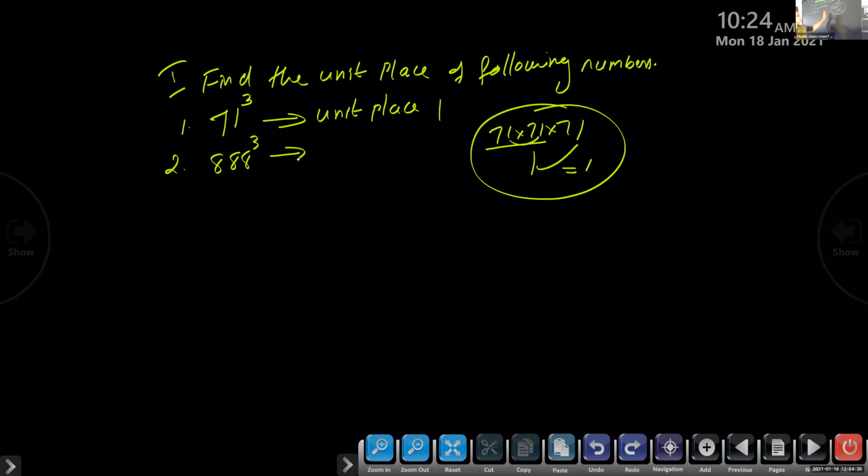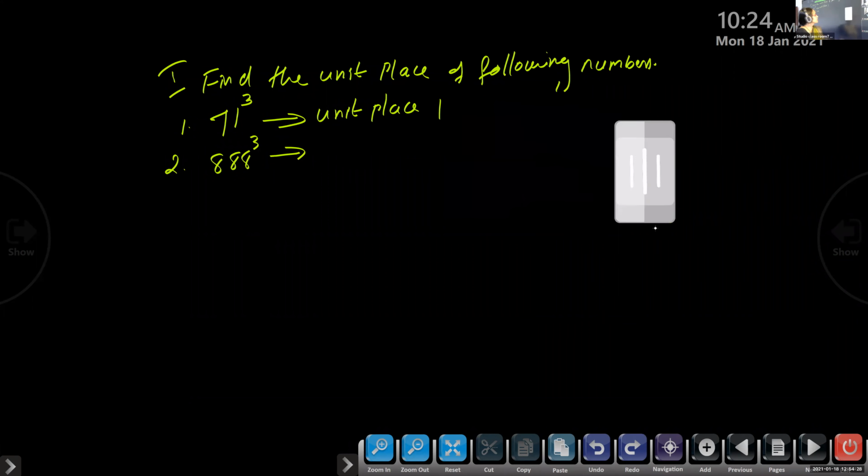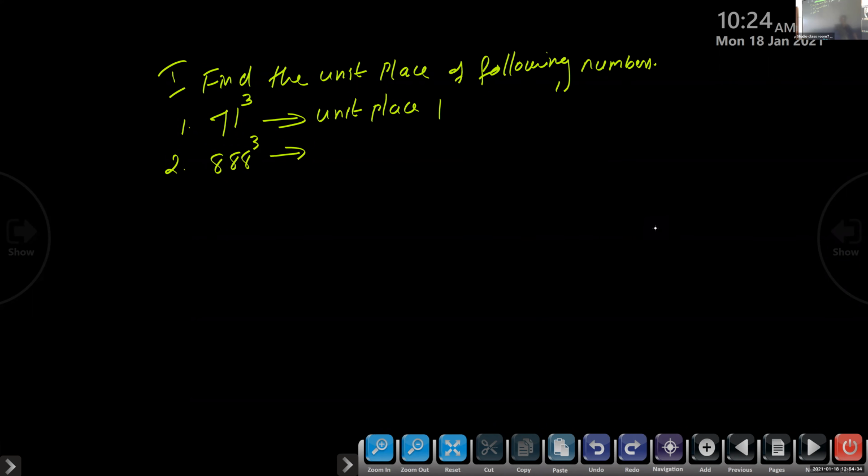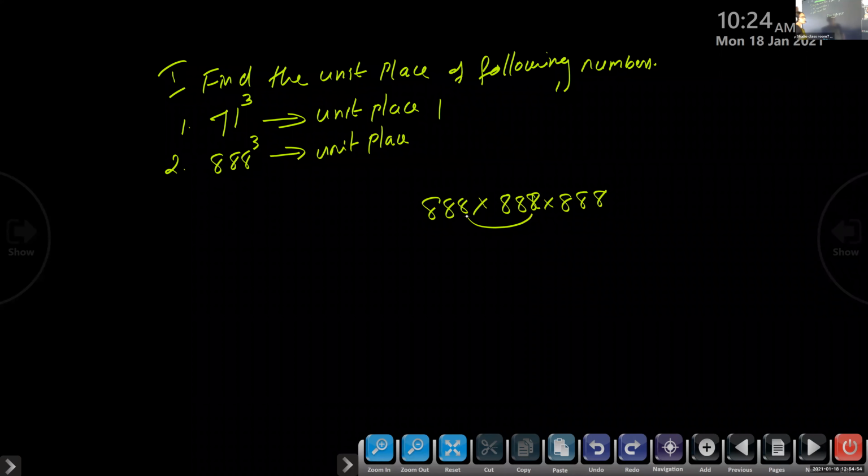888 cube. 888 into 888 into 888. 8 eights are, Asin?